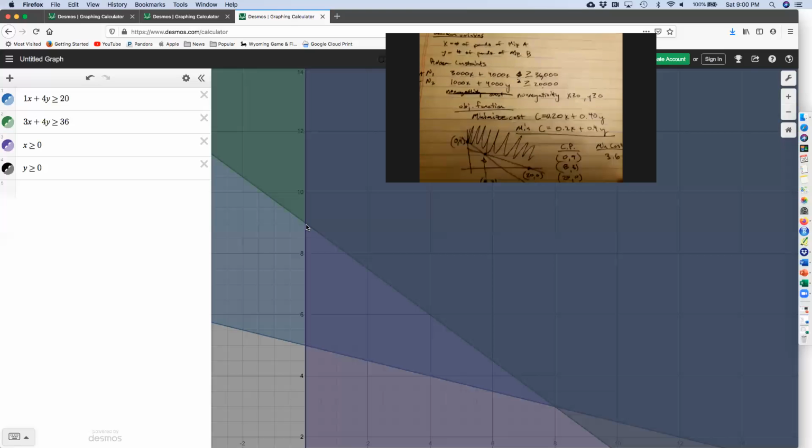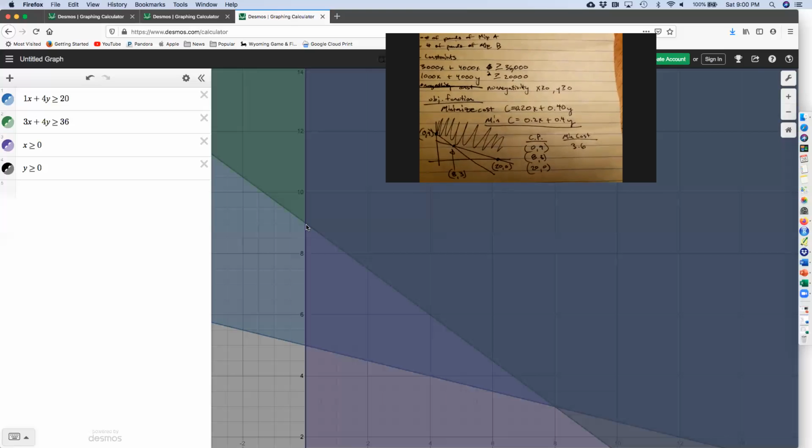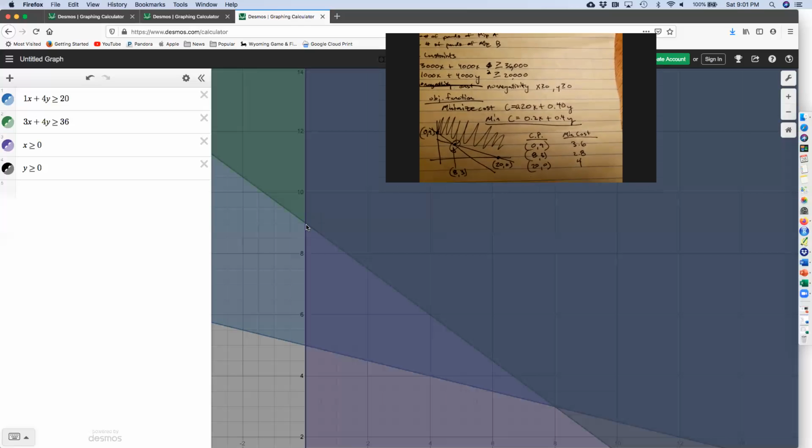Then I have 8 times 0.2 plus 3 times 0.4, and we get 2.8. And then we have 0.2 times 20, and we get 4. So it looks like our cost minimizing value is that value right there. So there you go. Simple as that.